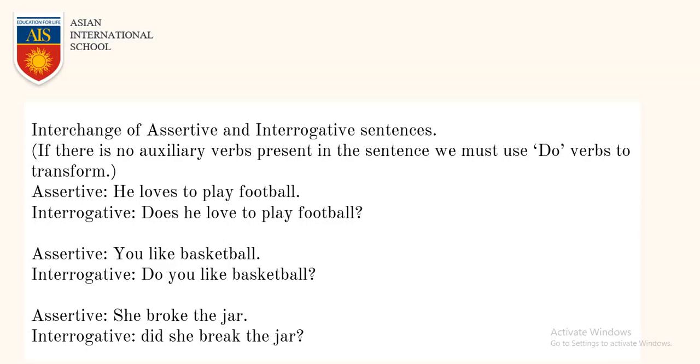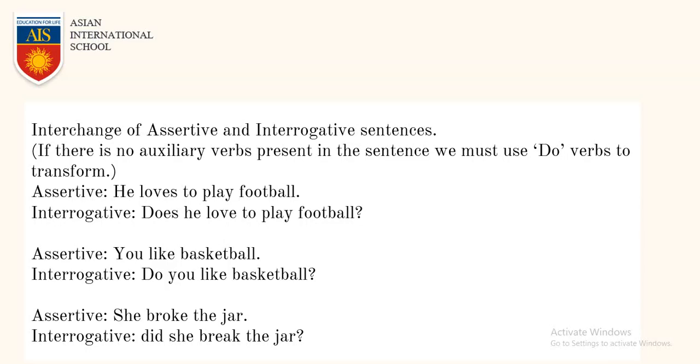So we are writing, do you like basketball? Third, she broke the jar. As you can see, this sentence is written in past form and she is third person singular number. So we are using the past form of the verb do, that is did. Did she break the jar?